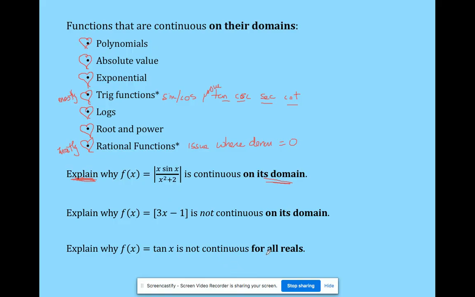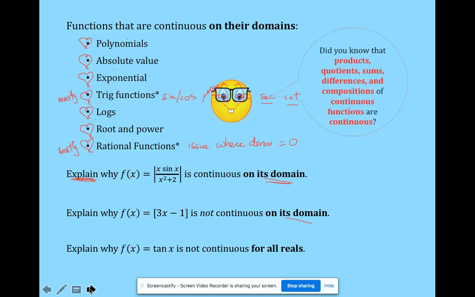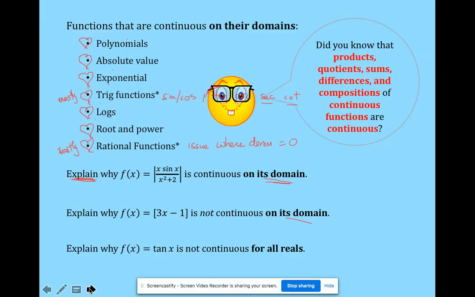When I'm talking about an overall domain, I'm looking at a function that is not one of these, but is a combination of these. Products, quotients, sums, differences, compositions of continuous functions are continuous, right? So as long as you've got continuous functions, in any kind of combination, you're okay.